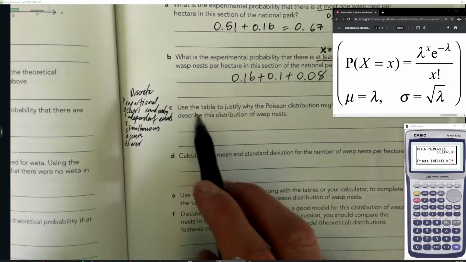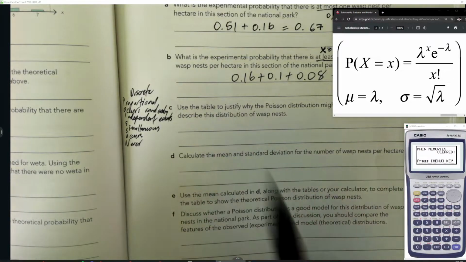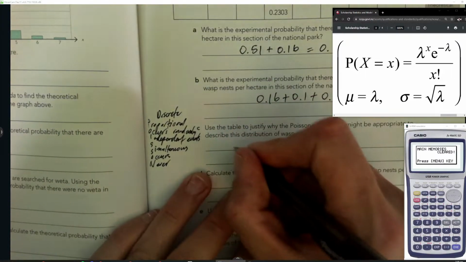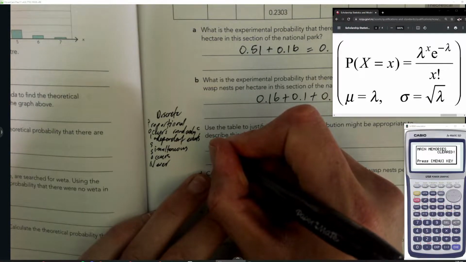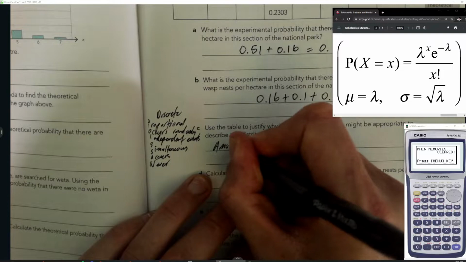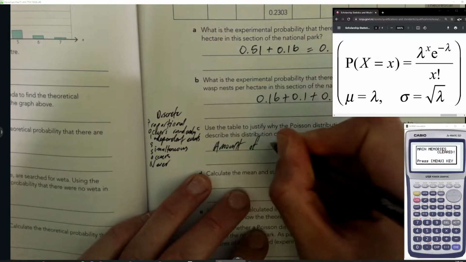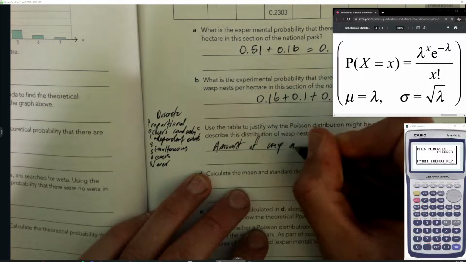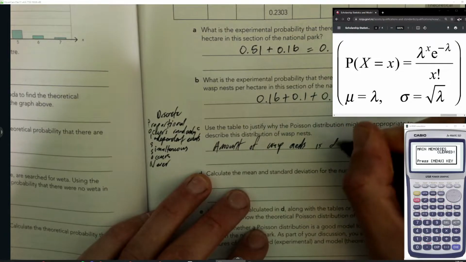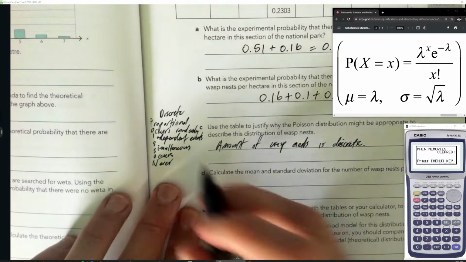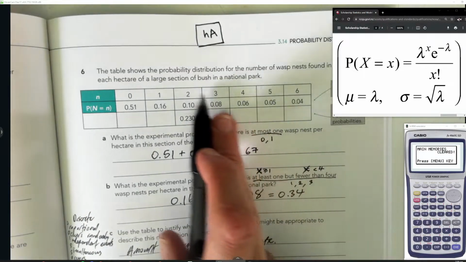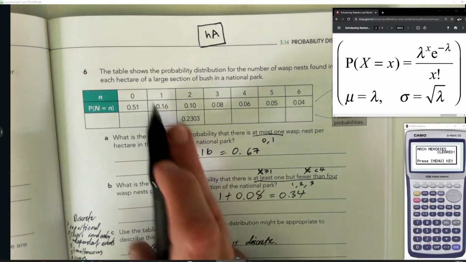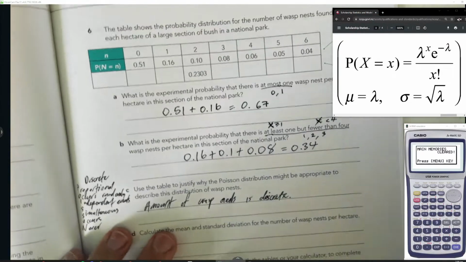Use the table to justify why the Poisson distribution is appropriate. Okay, so I'm going to say, first of all, it's discrete. The amount of wasp nests is discrete. Occurs randomly. We can sort of justify that by the number of them not occurring being quite high.